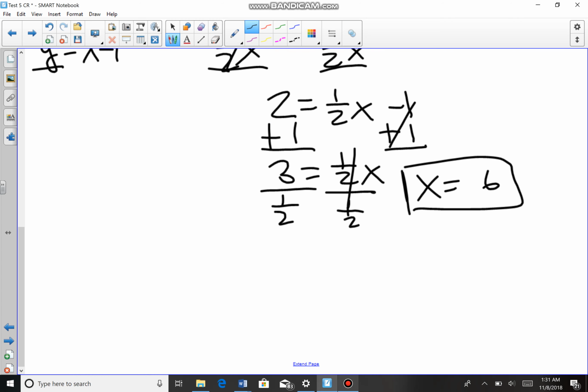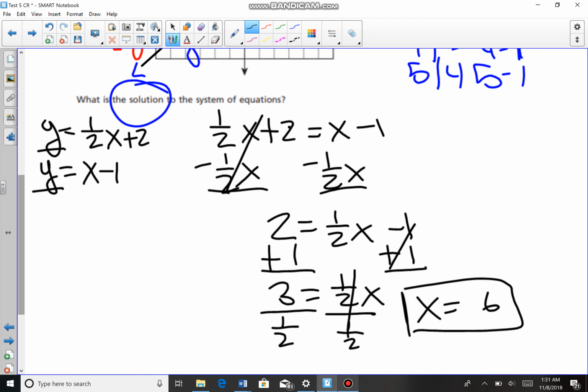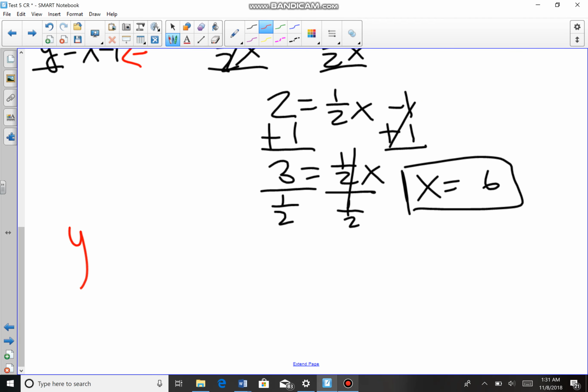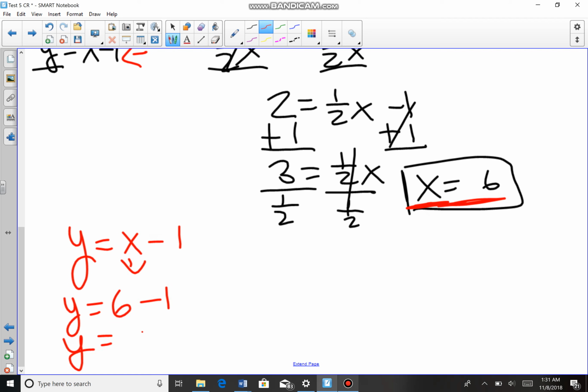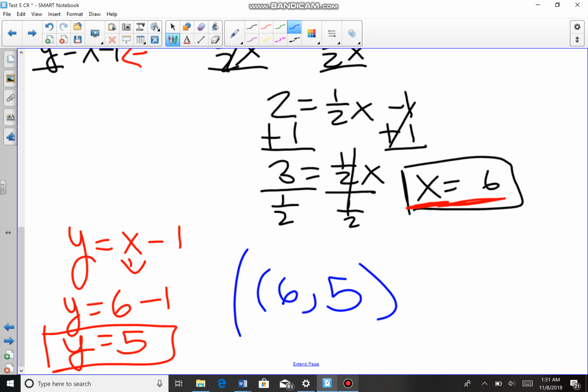So after I found x, I know that I still need to go back and solve for y. So I'm going to take my second equation, y equals x minus 1, and I'm going to substitute in a value for x, which we now know is 6. 6 minus 1, so y equals 5. So my solution to this equation is going to be (6, 5), and that is one solution.